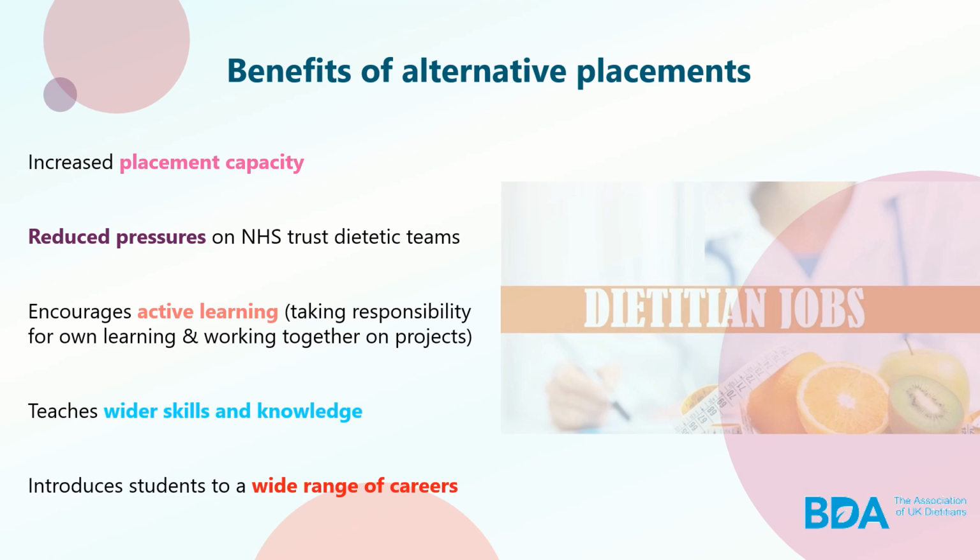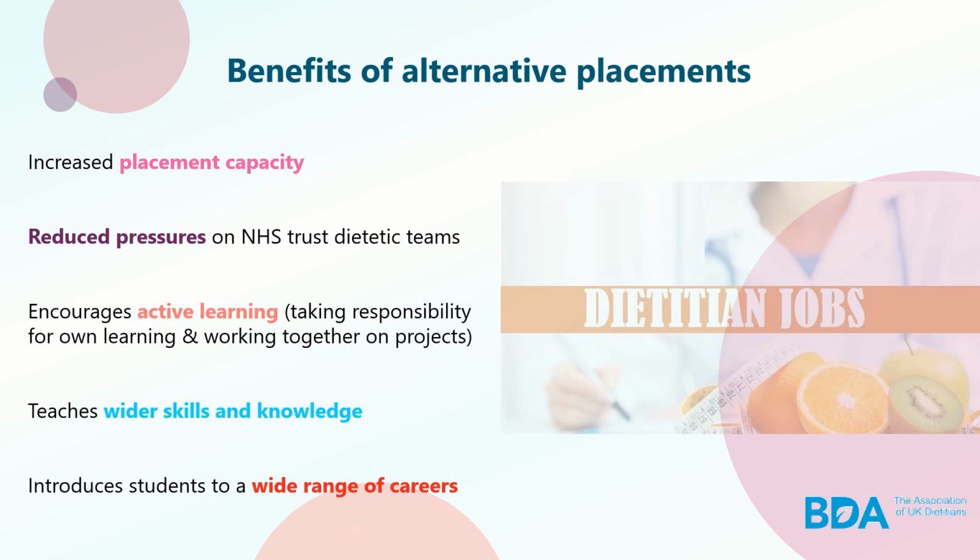practice placements and these hybrid placements where learners are out in alternative areas alongside clinical practice means that we're freeing up time in our NHS trusts and in our NHS trust teams to potentially take on more dietetic students.